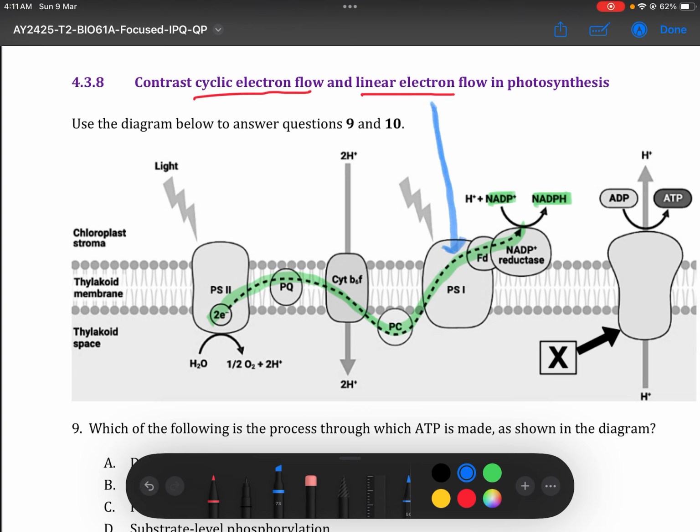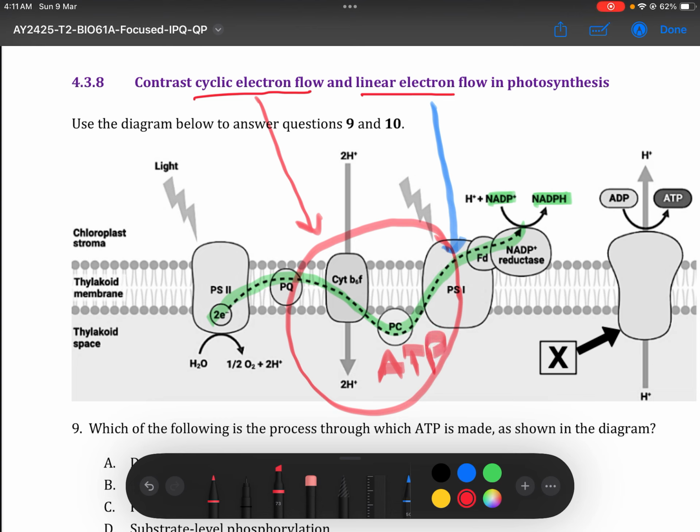What is non-linear will be called the cyclic. That is when the electrons flow only between the electron transport chain and PS1. This becomes the cyclic electron flow, and in the cyclic electron flow, the product is only ATP. No NADPH is produced. This is the difference between the cyclic and non-cyclic.